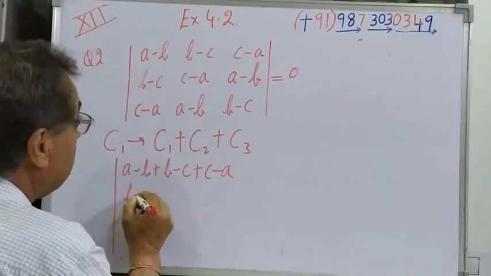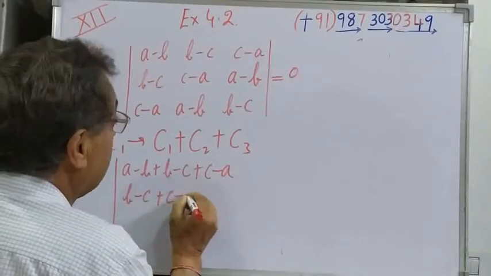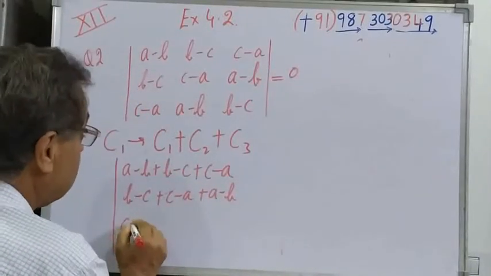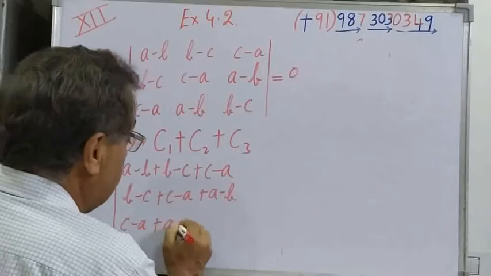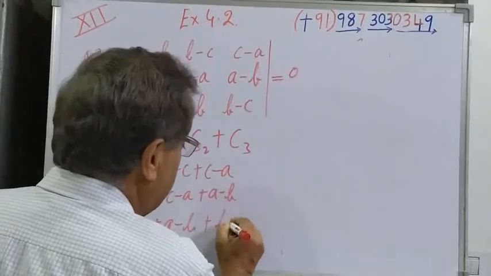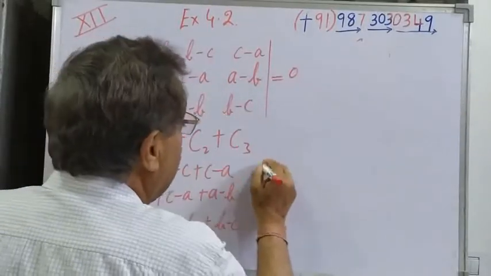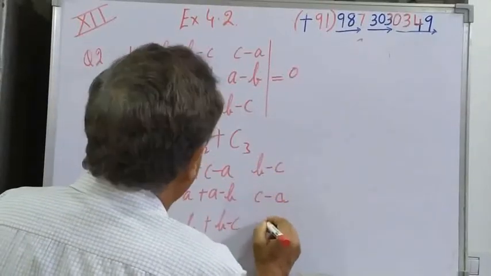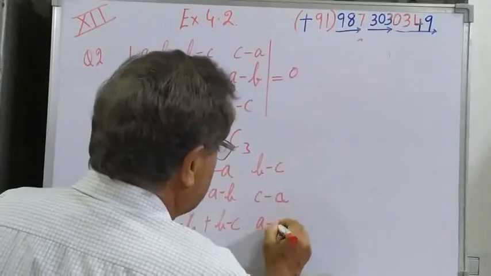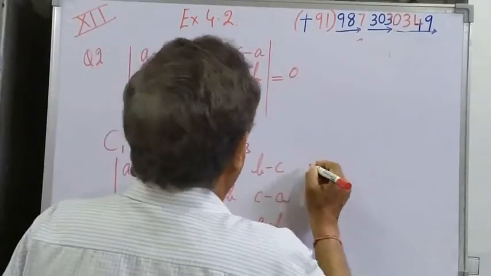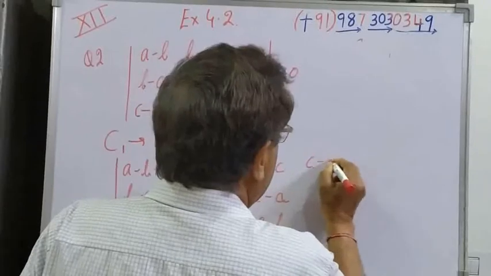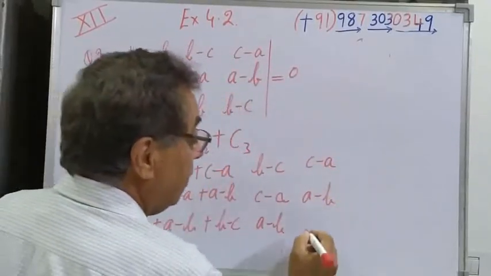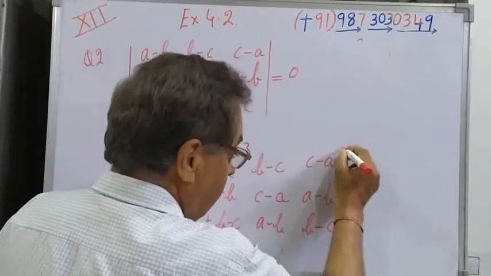Similarly, b minus c plus c minus a plus a minus b. Similarly, c minus a plus a minus b plus b minus c. The second column as it is, and the third column as it is.